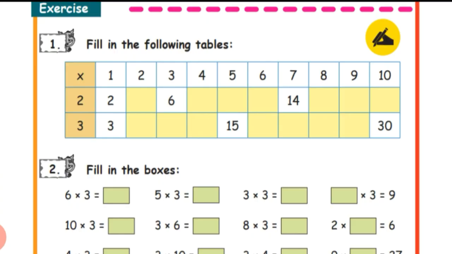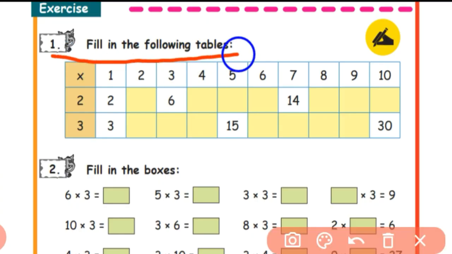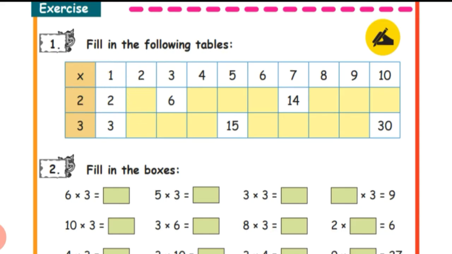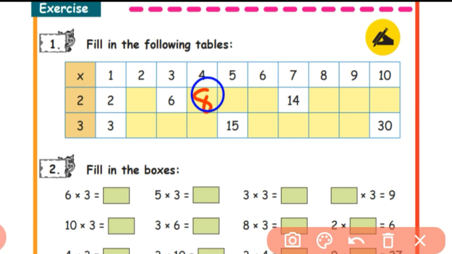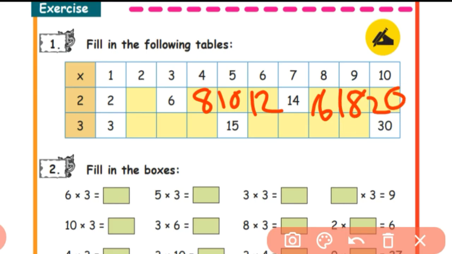See this exercise. Fill in the following tables. 1 2s are 2, 2 2s are 4, 3 2s are 6, 4 2s are 8, 5 2s are 10, 6 2s are 12, 7 2s are 14, 8 2s are 16, 9 2s are 18 and 10 2s are 20.